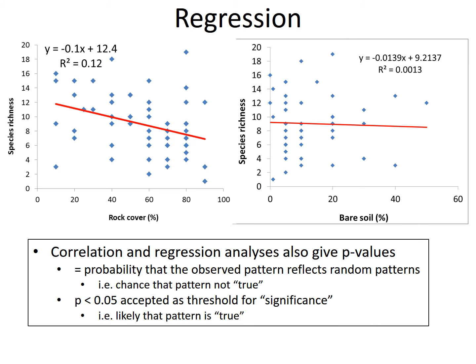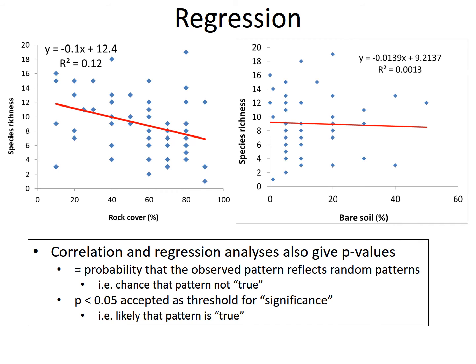So it's the chance that there's no relationship between the two variables in this case. In other words, the p-value here is the probability that there's no pattern between species richness and rock cover, or the probability that there's no relationship between species richness and bare soil.